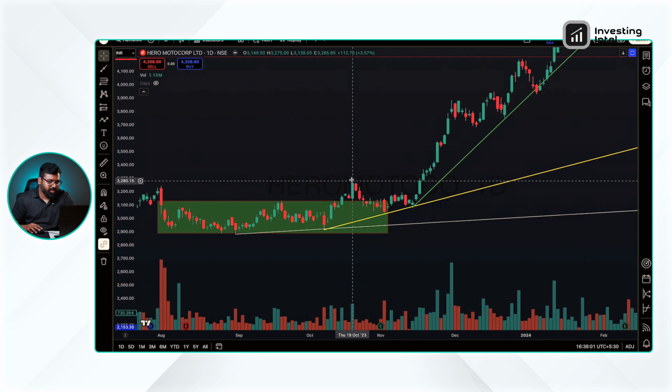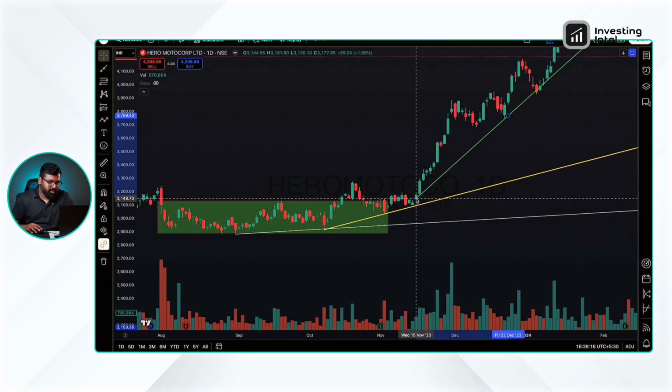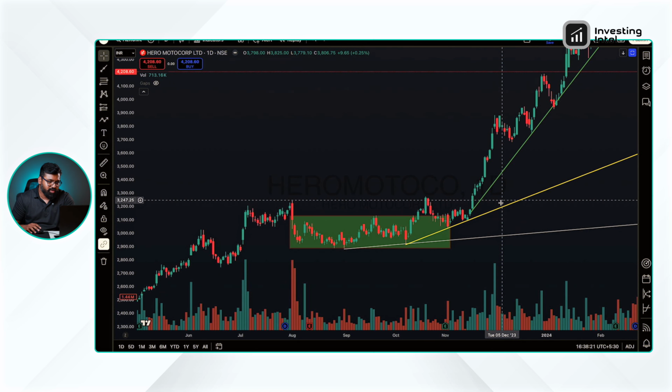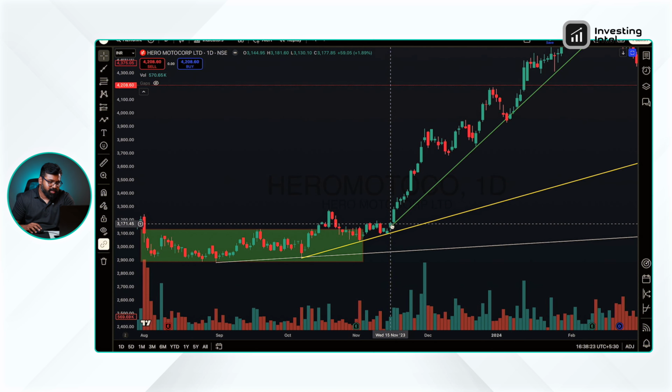Again, when this high was broken here, this is where the decision was made. From this point to this point, this is the next point where you have to mark your trend line, and this will be your second point, and this will give you a good, perfect trend line.